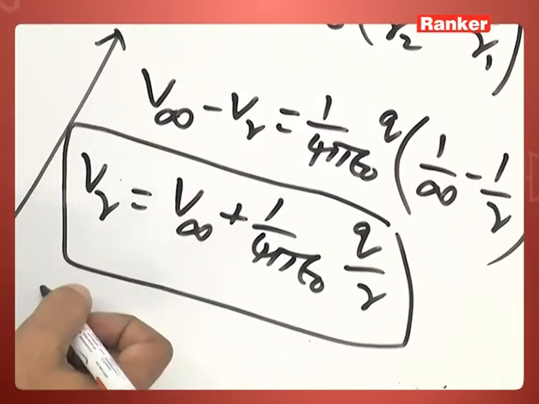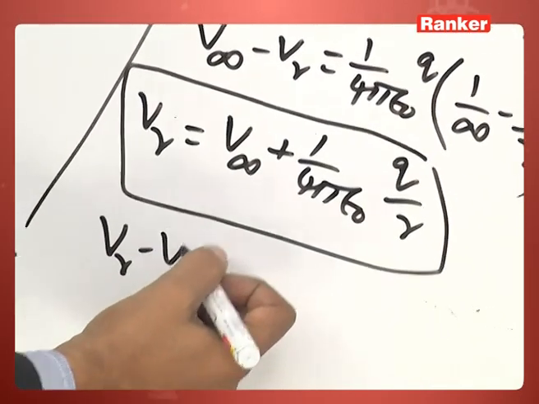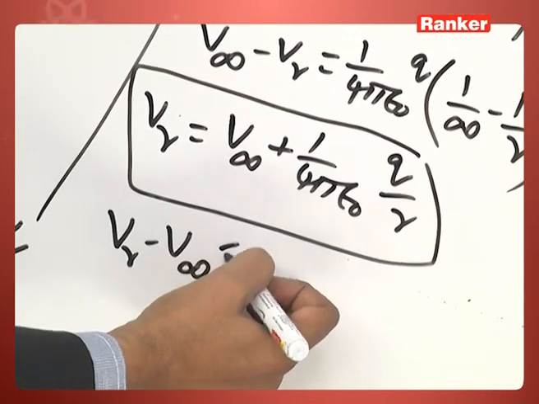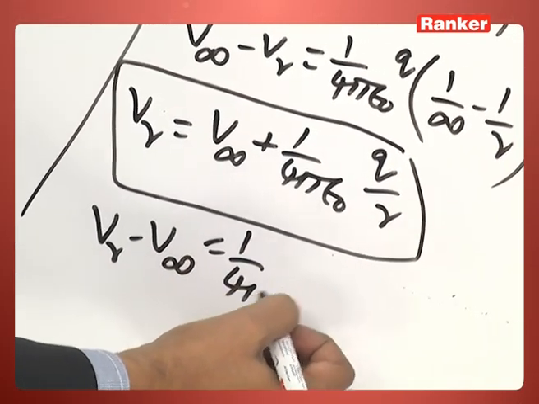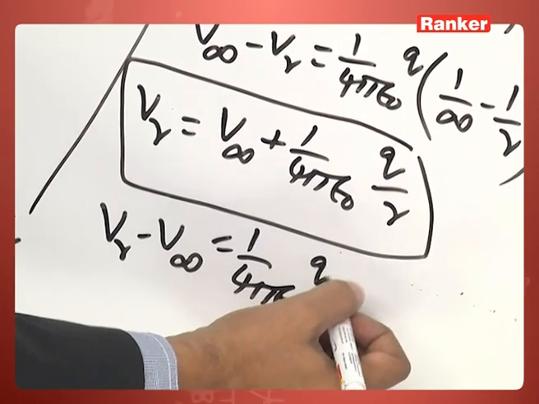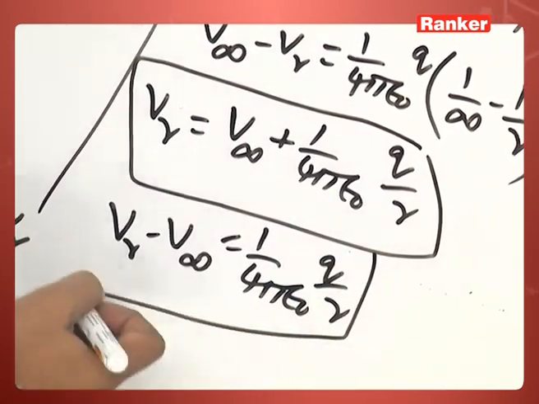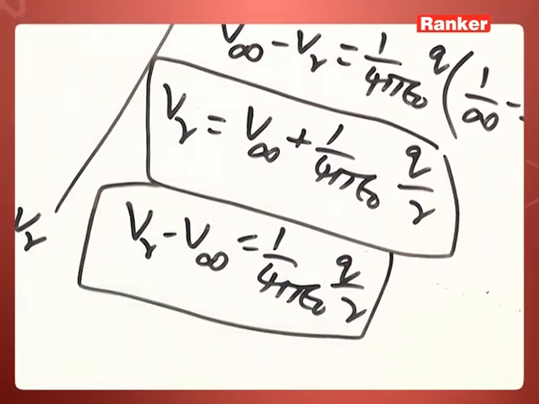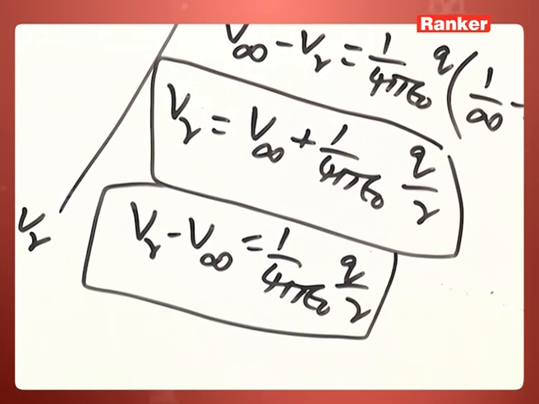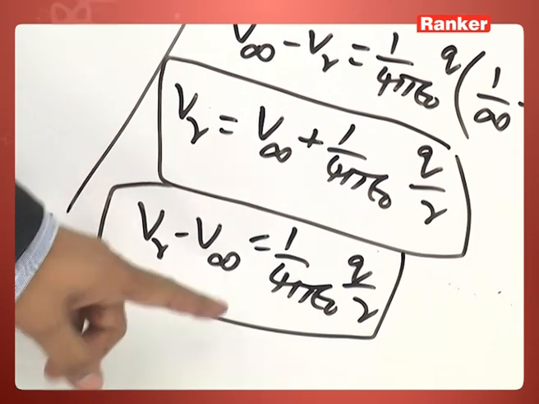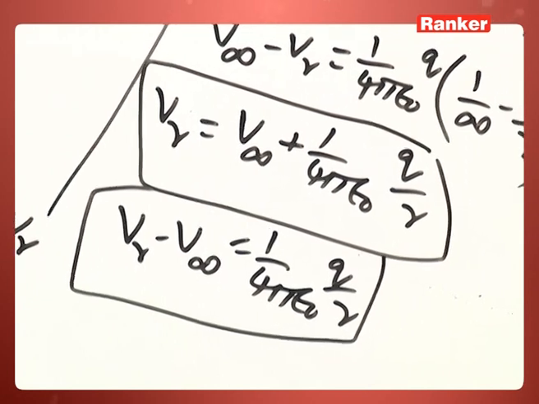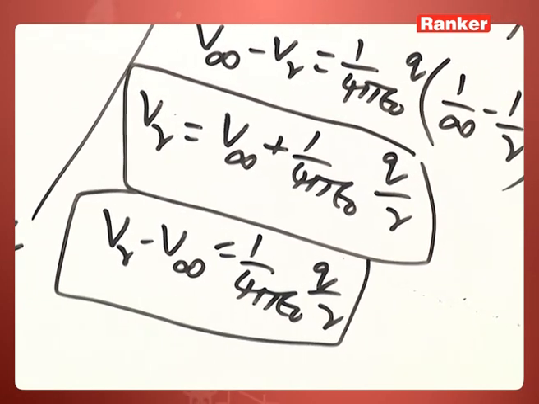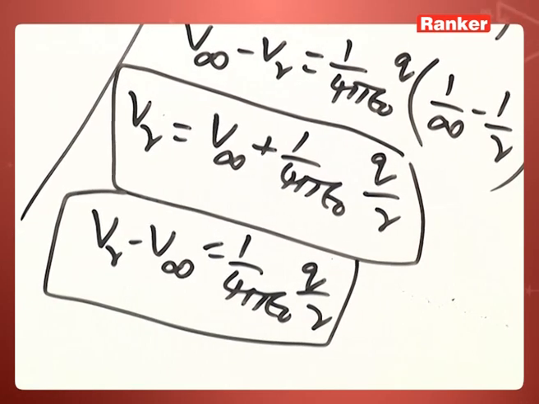Normally we represent potential with respect to infinity, so 1 by 4 pi epsilon naught Q by R. If nothing is given in the question, we put V infinity as 0, because at infinity there is no interaction between the charges, so no potential.